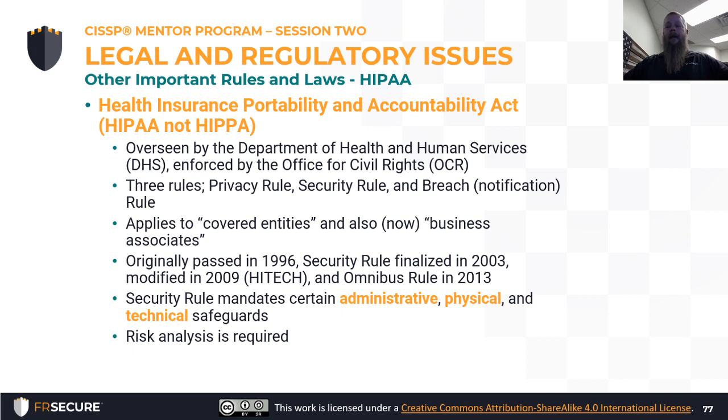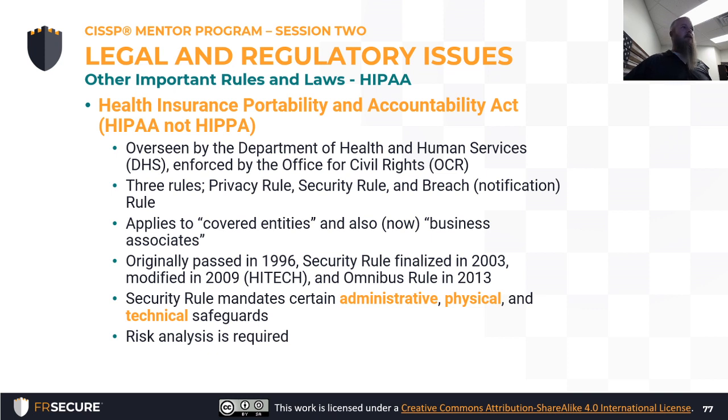So that opened up a lot of opportunity in healthcare to at least get their eyes open to what their risks are. It has sort of fizzled out since then. There are a lot of things trying to happen, but that's what happened. The omnibus rule in 2013 brought in the breach notification rule, and it also made HIPAA apply to all business associates.